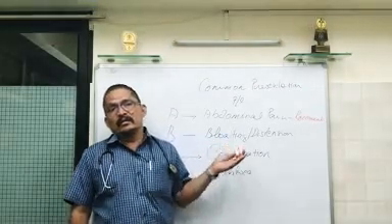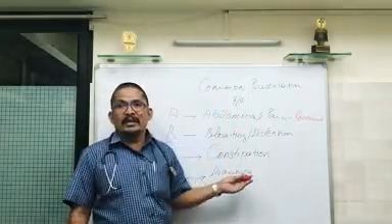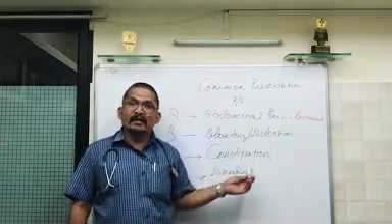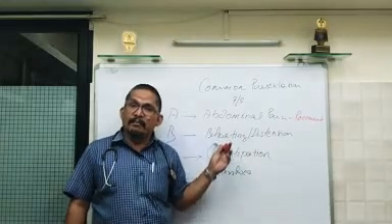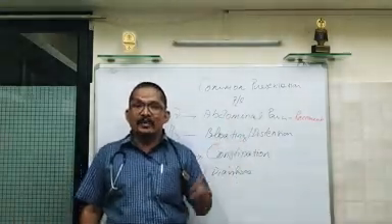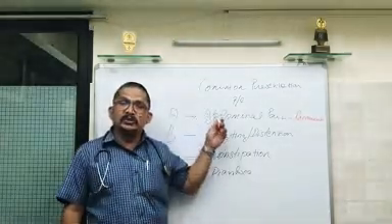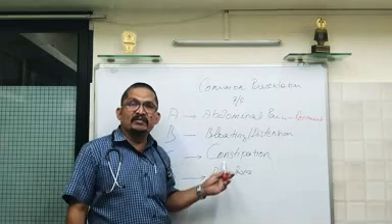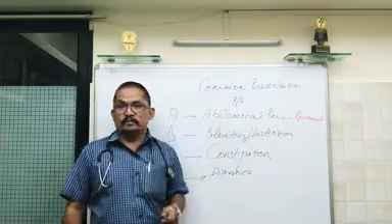So we can correlate the abdominal pain with defecation. The abdominal pain is usually associated with changes in the frequency of stool, or with changes in the form or appearance of stool.